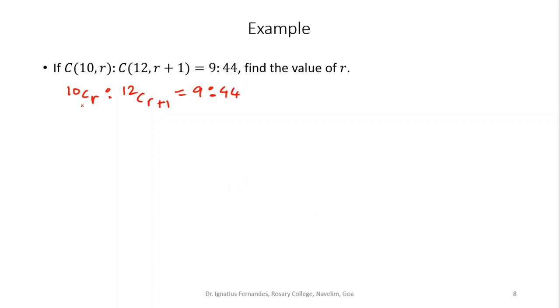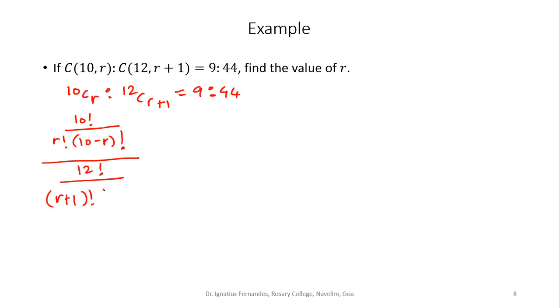So basically the ratio of 10 CR and 12 CR plus 1. 10 CR is 10 factorial upon R factorial into 10 minus R factorial. This is divided by 12 CR plus 1, which is 12 factorial upon R plus 1 factorial into 12 minus R plus 1 factorial.